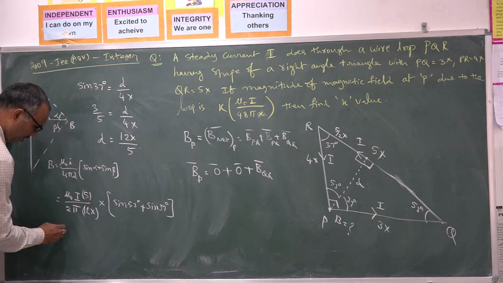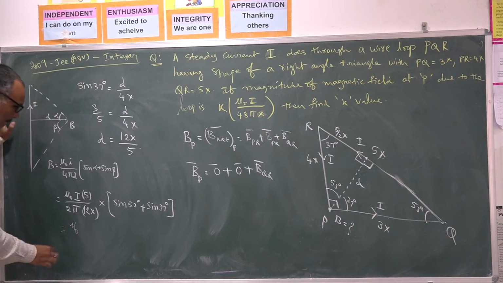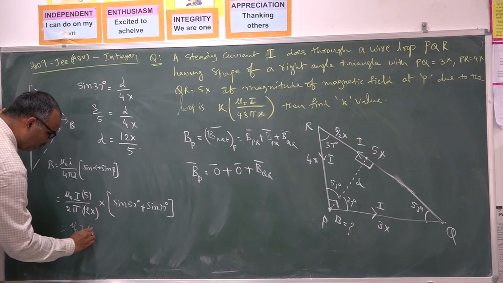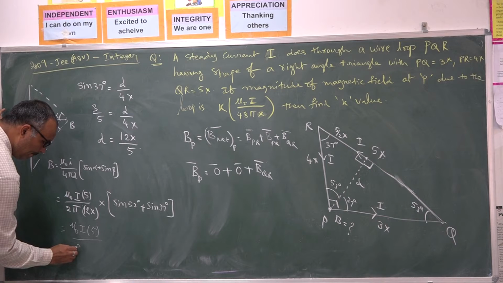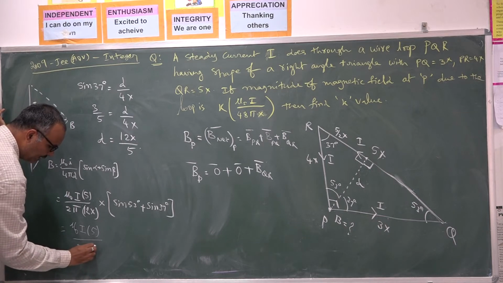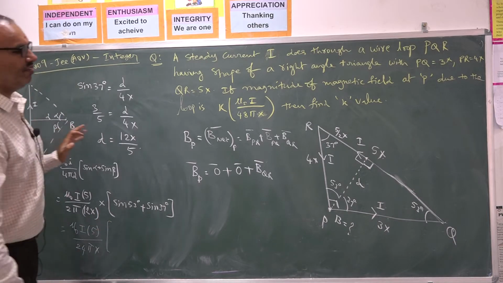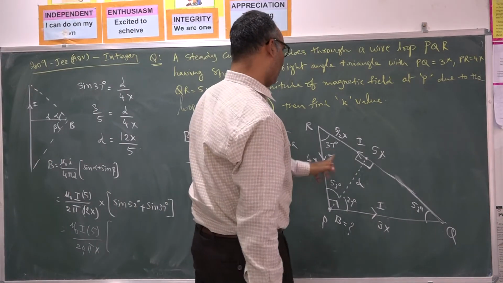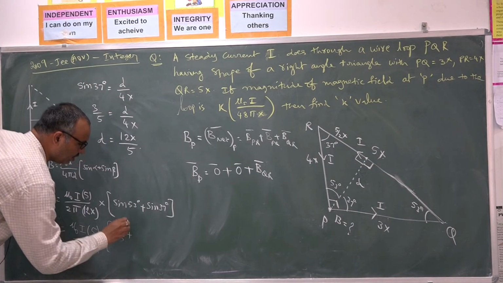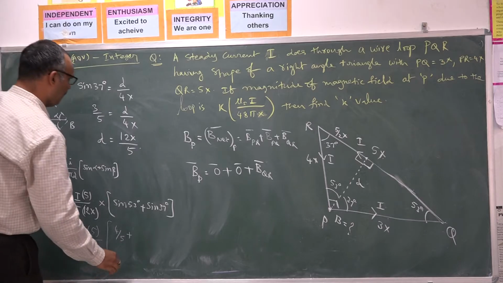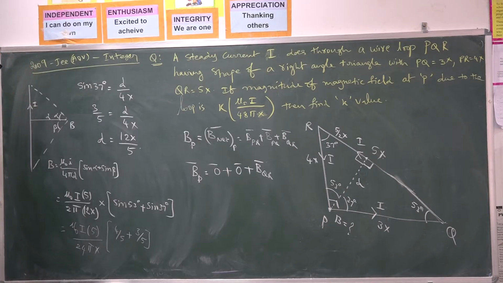You can substitute them here. Mu naught into I into 5 divided by 24 pi x, sine 53 means 4 by 5, sine 37 means 3 by 5. Totally it becomes 7 by 5.